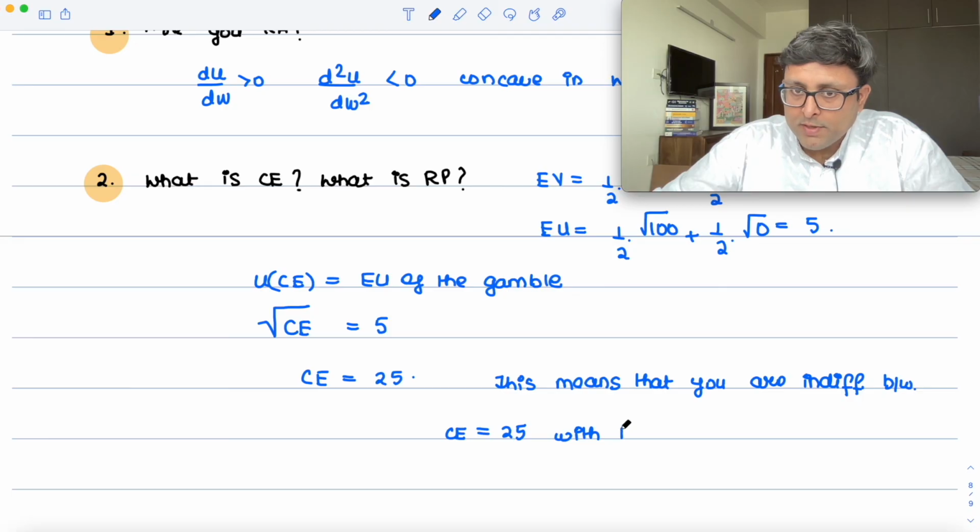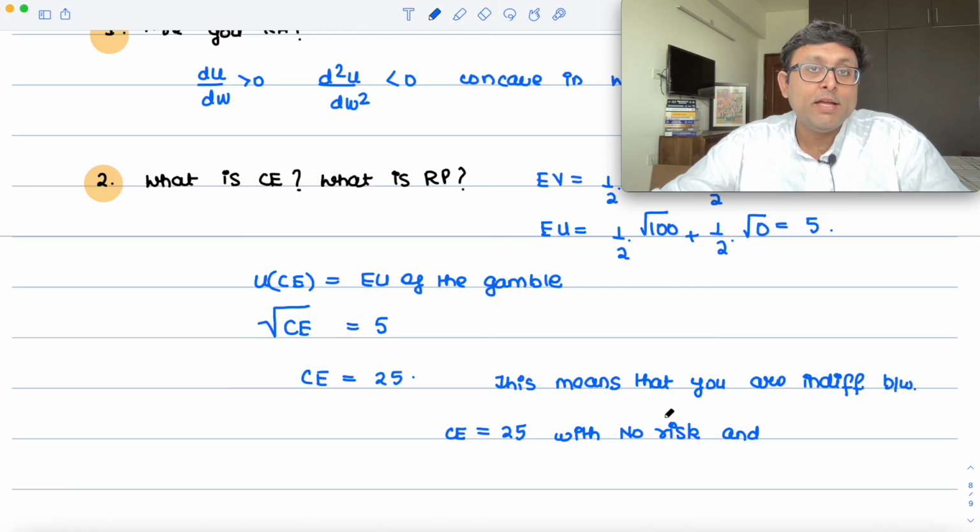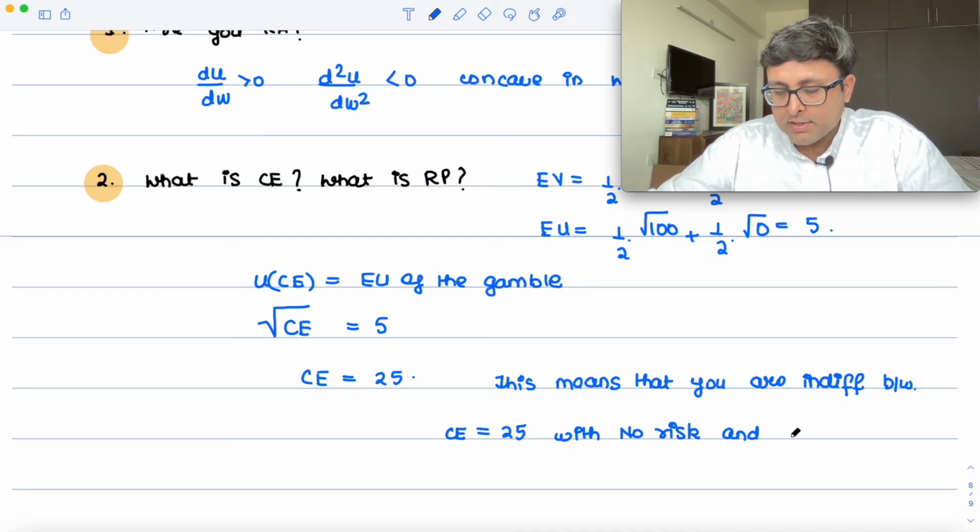No risk because you're not playing a gamble. And risky lottery. You are indifferent between not playing a gamble and having $25 or playing a gamble, right? Because playing a gamble would also give you the same utility, which this certainty equivalence amount is giving.